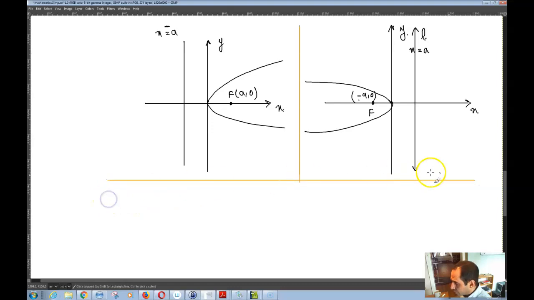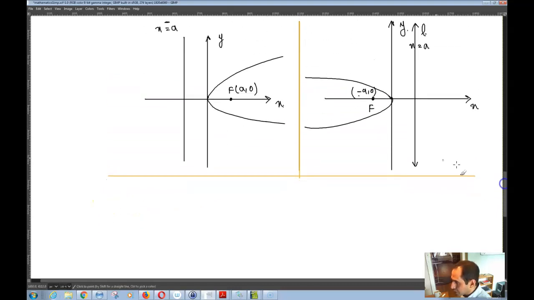Another way to represent a parabola is that it could be opening upwards or opening downwards.